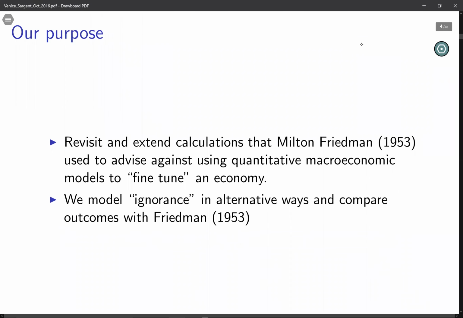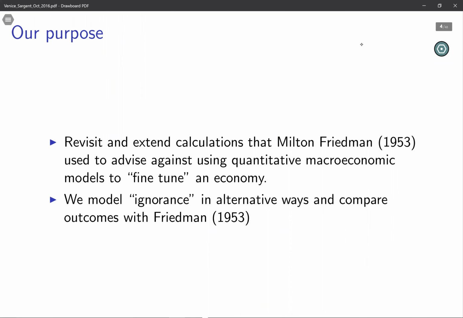So what we're going to do is revisit and extend some calculations that Milton Friedman made in 1953. I'll show you Friedman's case in a little generalization of his model, and then we're going to describe alternative ways that someone could be ignorant.